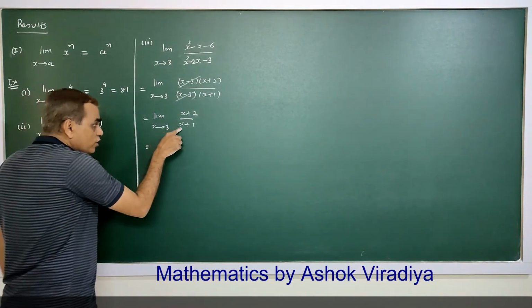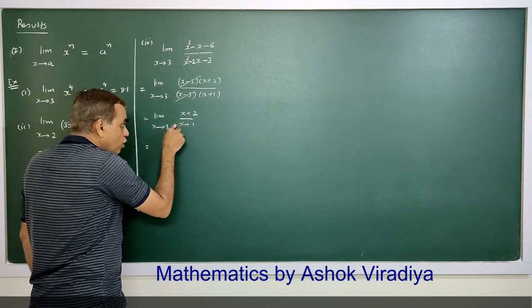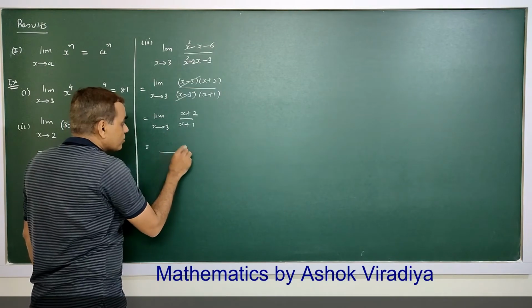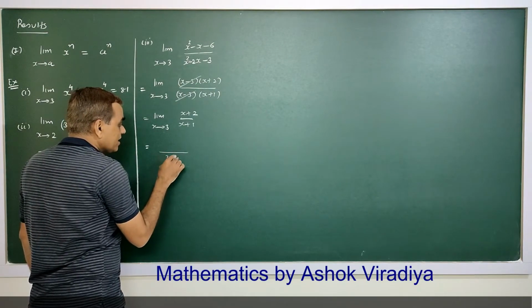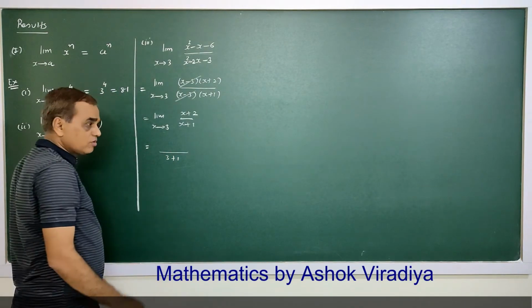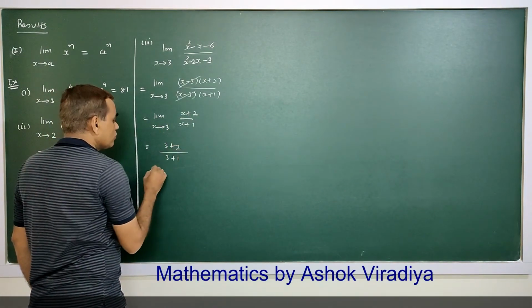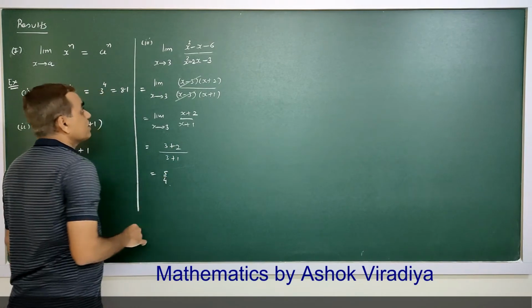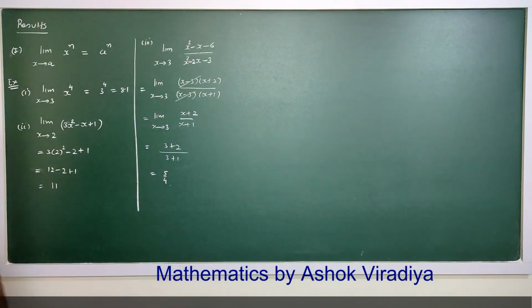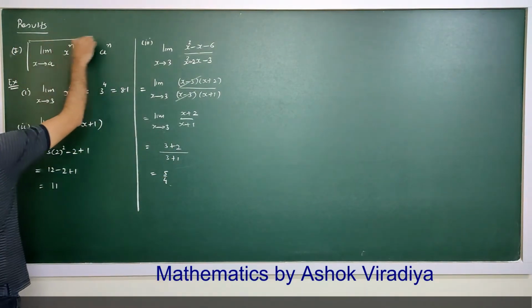Now putting x equal to 3, if the denominator is non-zero, then it is allowed. So putting x equal to 3, this is non-zero, so we are allowed to put the value. 3 plus 2, 5 by 4. This is the limit of this function. So that is the application of this result.